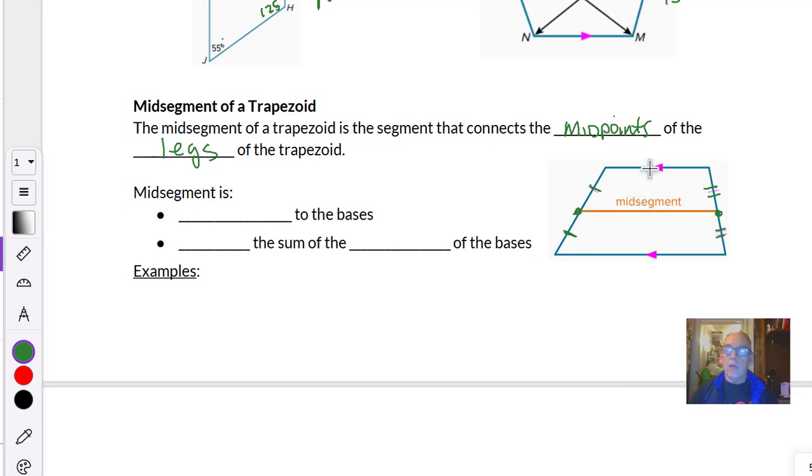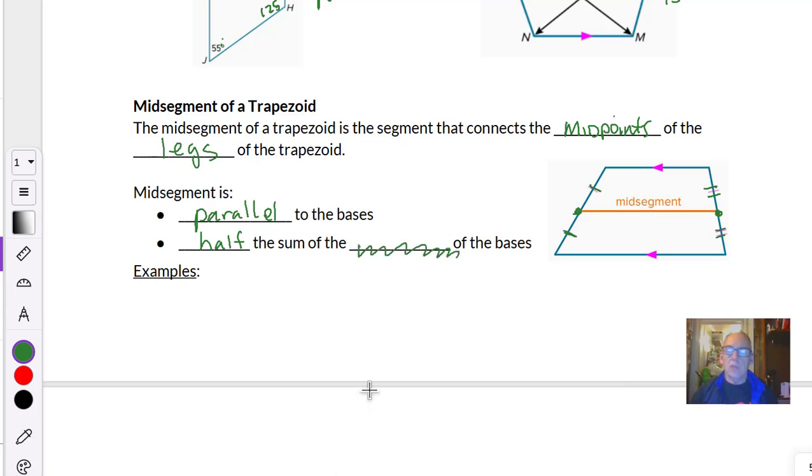It's going to be half the length of the sum of the two bases. So it's parallel to the bases, and it is half the sum of the bases.